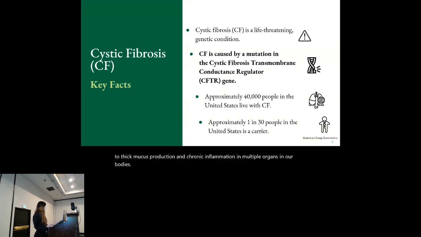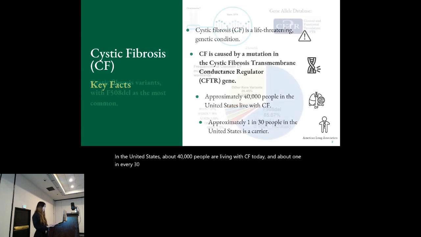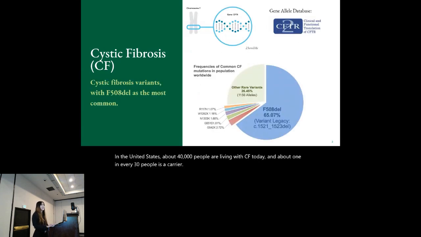In the United States, about 40,000 people are living with CF today, and about 1 in every 30 people is a carrier. The CFTR gene is located on chromosome 7, and to better understand and manage the disease, one key resource is called the CFTR2 project.